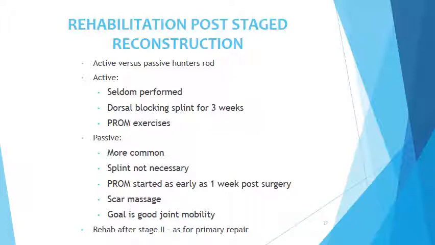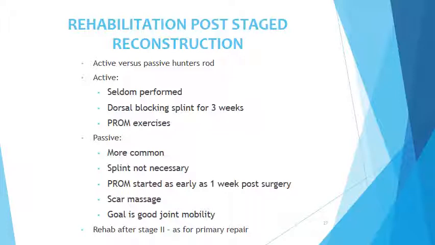Here, a dorsal blocking splint will be applied for 3 weeks. Passive range of motion commenced early. Remember that the rod is not a steel rod, where the patients often are concerned that they can't move their finger because there's a rod in. It's pliable and flexible.